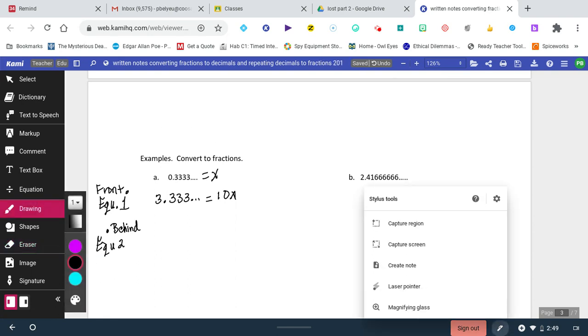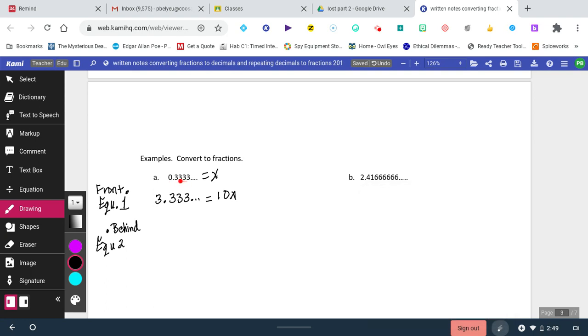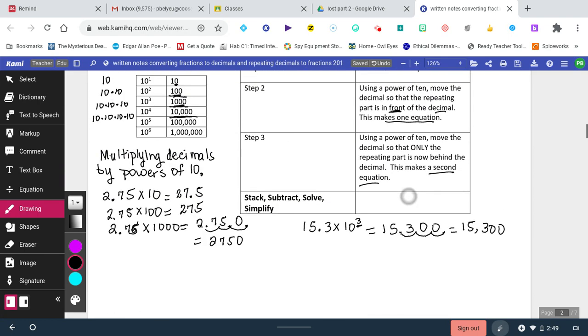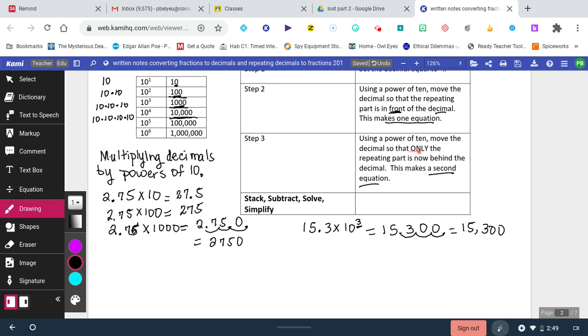Now I'm going to look at this. I need to get the repeating part behind the decimal. Only the repeating part. Okay, look what's behind this decimal. 3, 3, 3, 3. Is anything else back there besides what's repeating? No. So basically, you don't have to multiply by a power of 10. Why? Because only the repeating part is already behind the decimal.